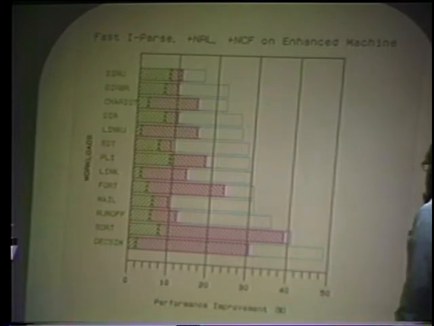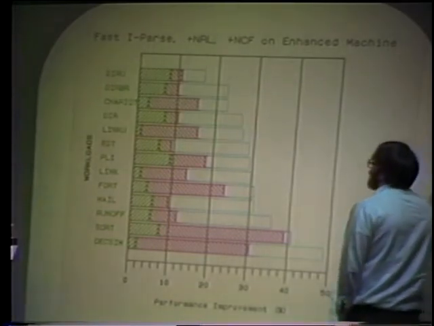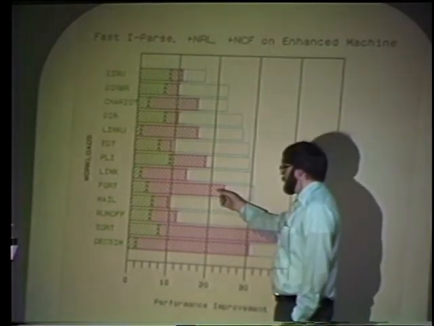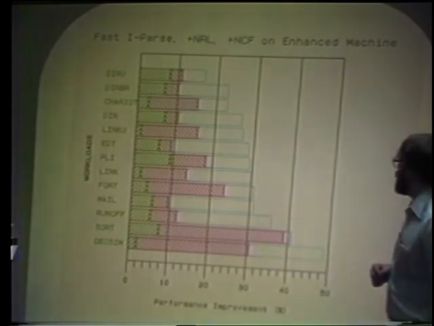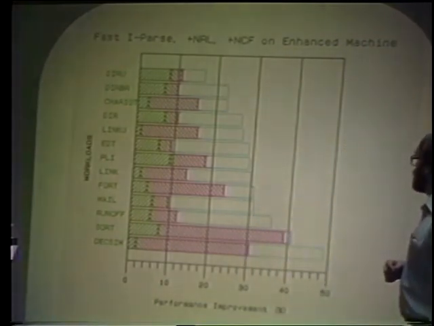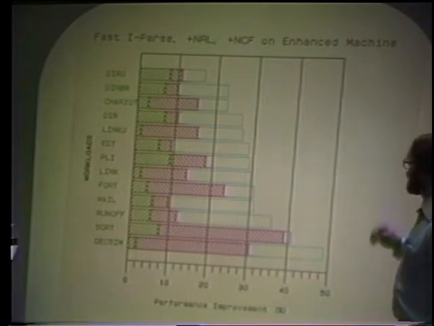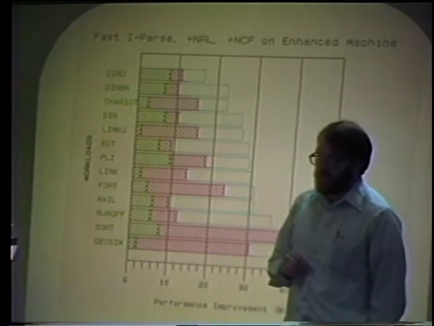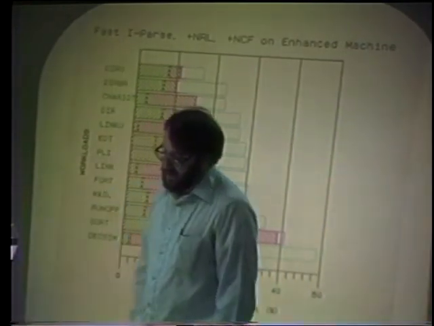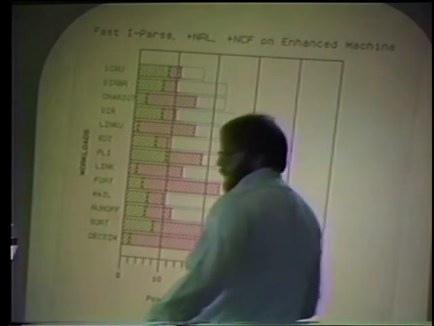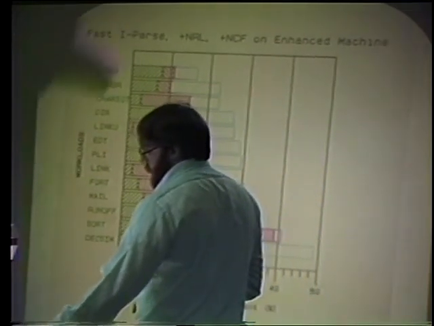And then as an experiment, it was interesting to take the enhanced machine and disable the address register interlock check, and then also disable cache flushing. And I think in this case, even the REIs didn't flush the cache either. That was turned off. So mail moved up, as opposed to being almost consistently the low performer.